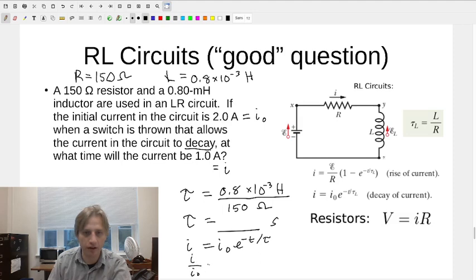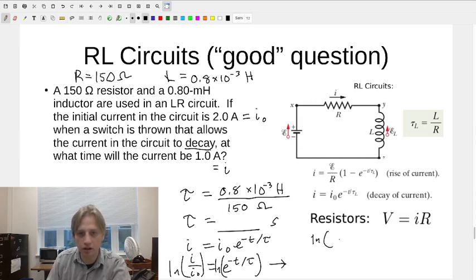So I over I naught equals e to the minus t over tau. Then you take the natural log of both sides. And that gives you that the natural log of I over I naught equals minus t over tau.